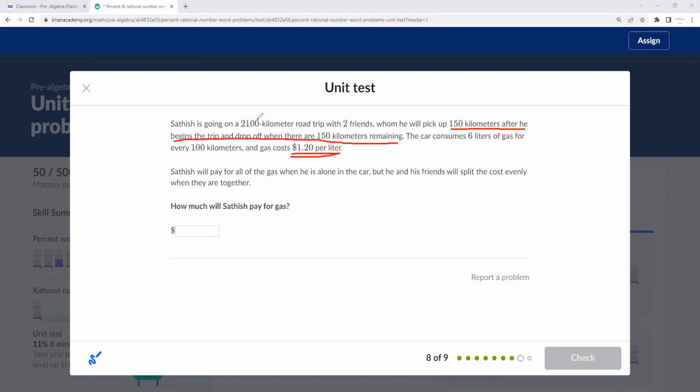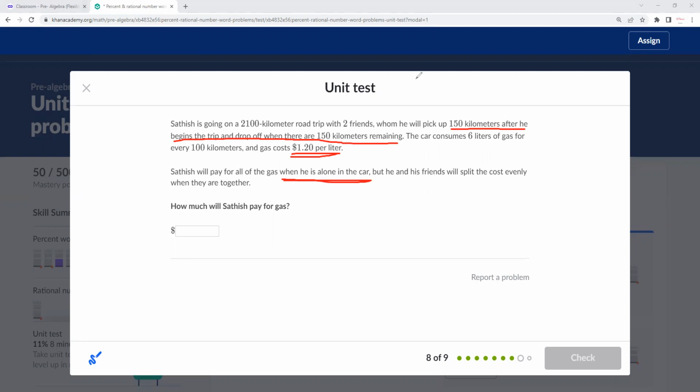So he picks up his friends 150 kilometers after he begins the trip and drops them off with 150 remaining. He will pay for all the gas when he's in the car alone, but he and his friends will split the cost evenly when they're together. How much will he pay for gas?